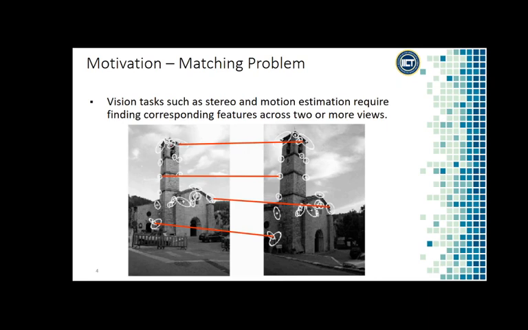Now in this case, let's say the left side is the starting frame and the right side is a subsequent frame when you move your camera to the right. So the view changes. There is a viewpoint change in the images from left to right.